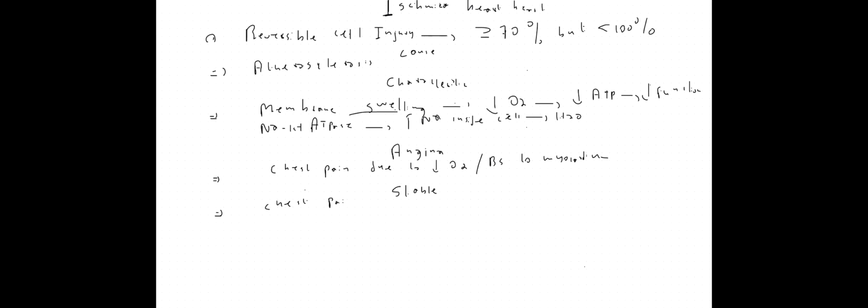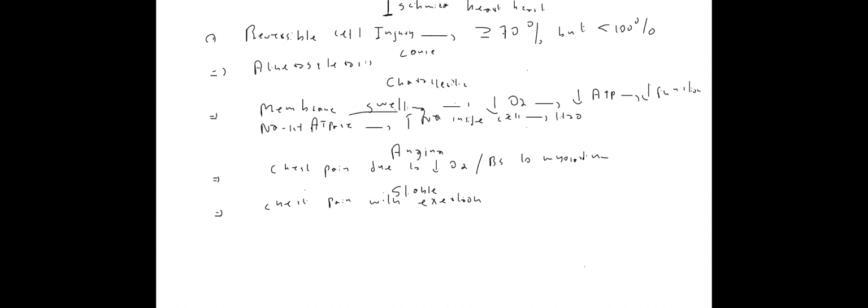And why do you get the chest pain with exertion in stable angina? Because when you are doing exertion, your myocardial oxygen demand increases, but because of the blockage of the artery, the blood flow cannot be increased to the myocardium. So you get the chest pain.